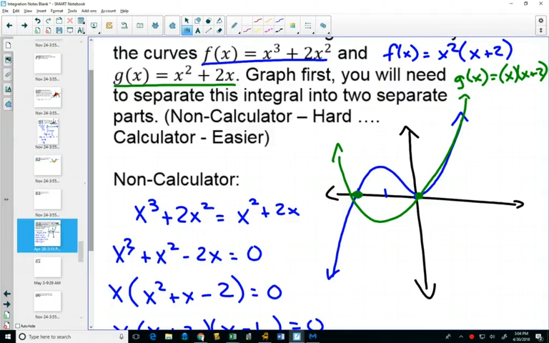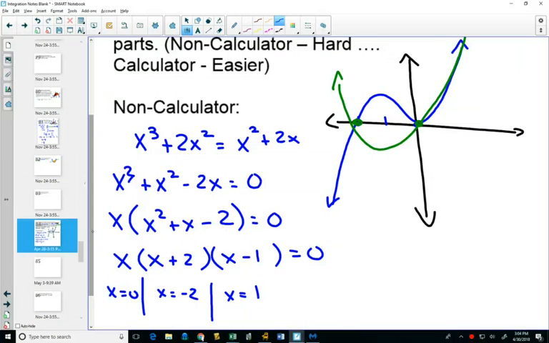And we know that the two graphs intersect at negative 2, which we can already see from the x-intercept, 0, which we can already see, but also here at positive 1.